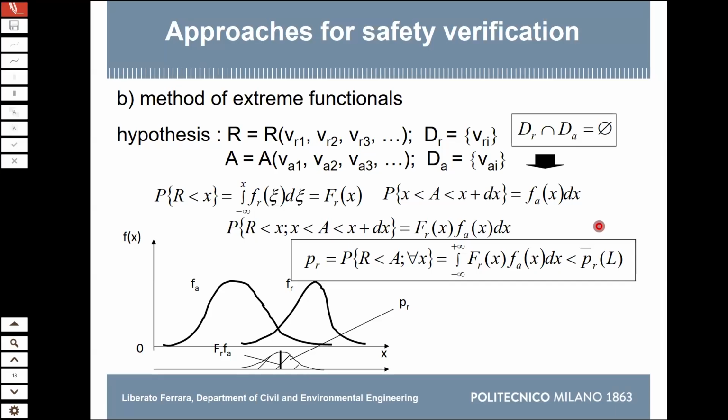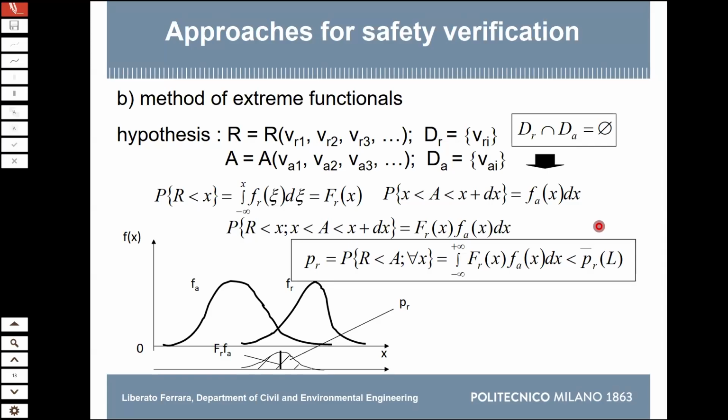If we are able to separately build up the statistics, from the conceptual point of view, guaranteeing the safety will mean keeping these two curves sufficiently farther apart from each other, so they do not overlap too much. Because you see here, there is a region in which your resistance is lower than the action.